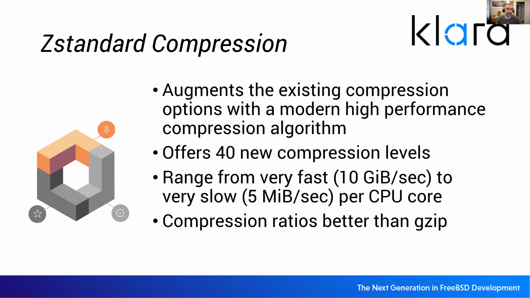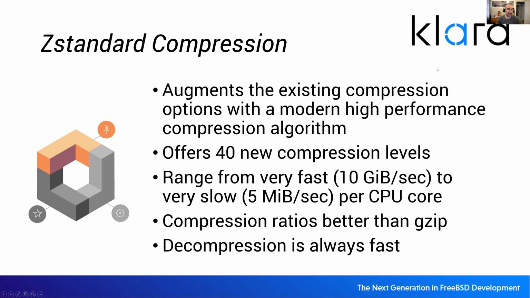It can make a very large difference, especially when combined with the compressed ARC feature, which allows you to cache the compressed version of a block. So if you have a 128 kilobyte block that compresses down to 32K, then you can cache the 32K version in memory and just decompress it each time you need it, and be able to fit a lot more in your cache.